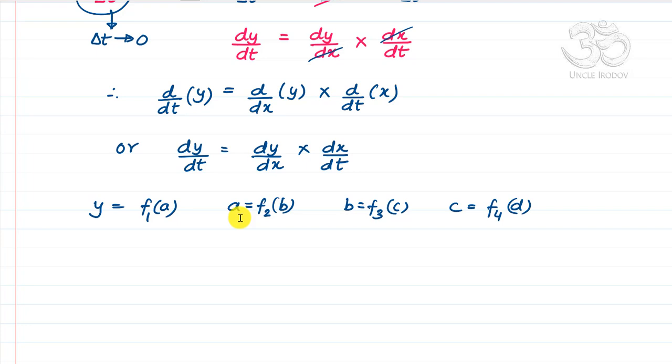Right, so I have all these things, and I can still find out the rate of change of y with respect to d as dy by dd, and I will have dy by dA, dA by dB and dB by dC and so on. So the series goes on and on.